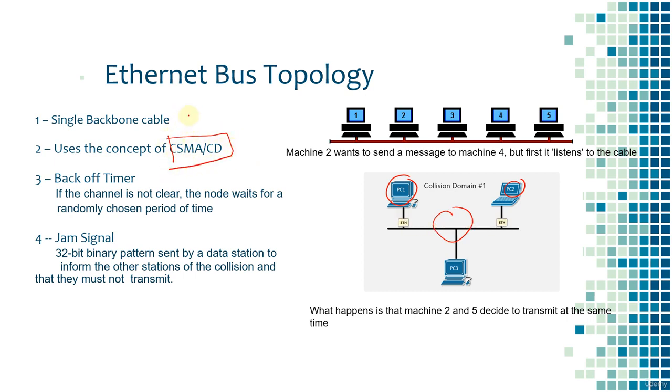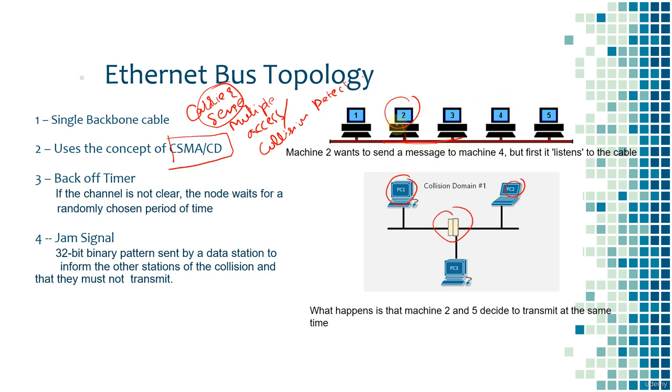CSMA/CD, which stands for carrier sense multiple access with collision detection. Let's take it one by one. Carrier sense: first of all, these computers are going to sense the carrier.